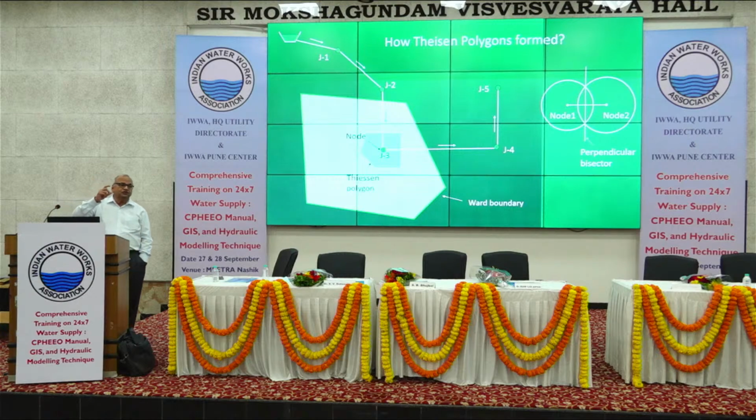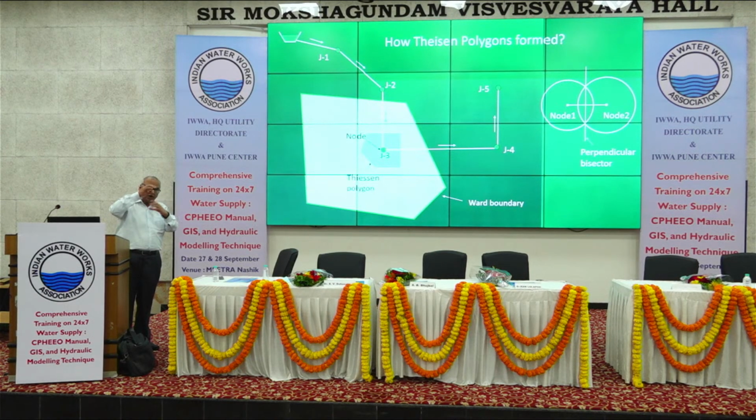Now, using this ward population and population density of these wards, this is a ward boundary and this is a Thiessen polygon. So it interpolates, and you know the ward population density, so you know the people residing in this Thiessen polygon.